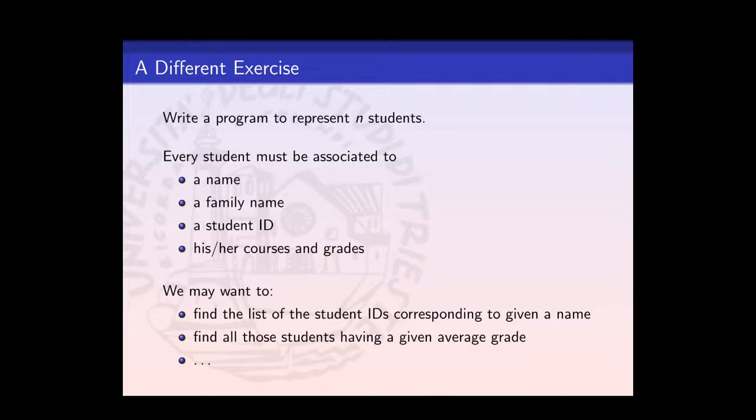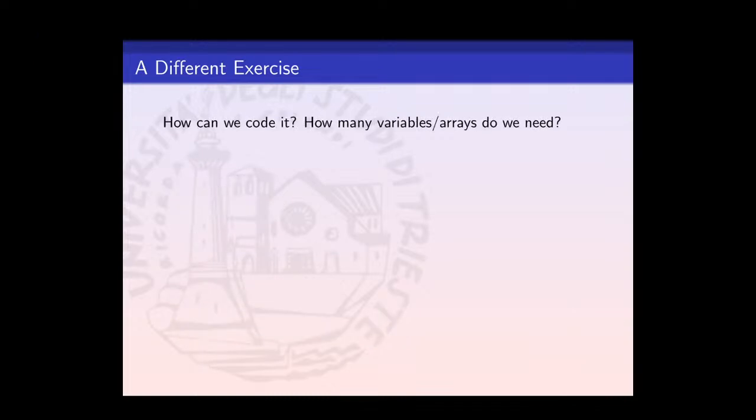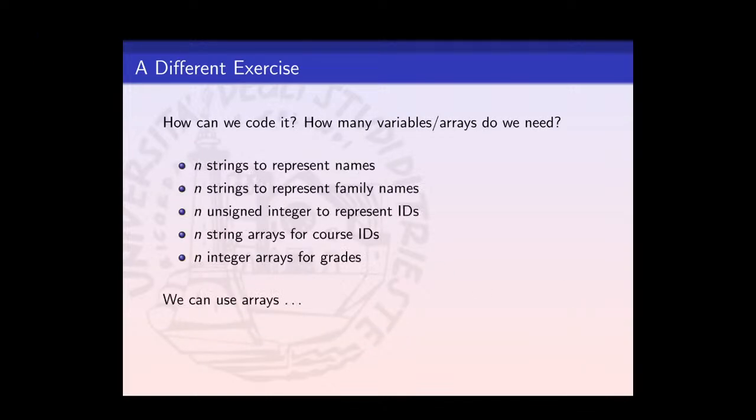Well, a possible way to represent it is to have an array having n strings to represent the names of each student, an array of n strings to represent the family name of each student, an array of n unsigned integers to represent the ID, an array of strings for course ID, and so on and so forth.